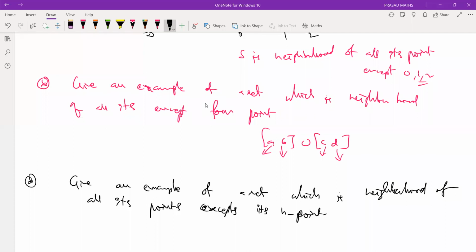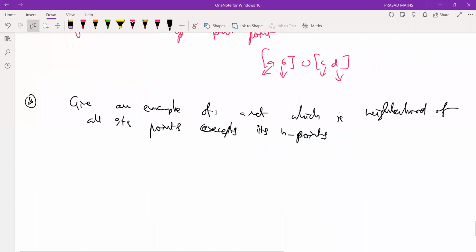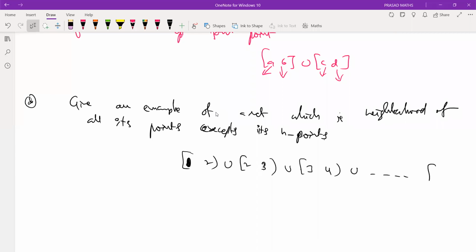So you can take 1, you can take 2, you can take 3, 4, up to n plus 1.